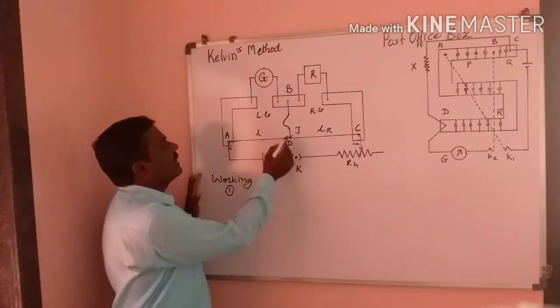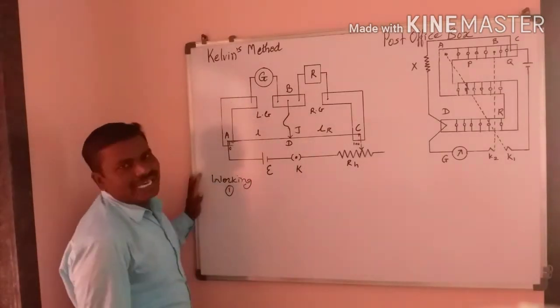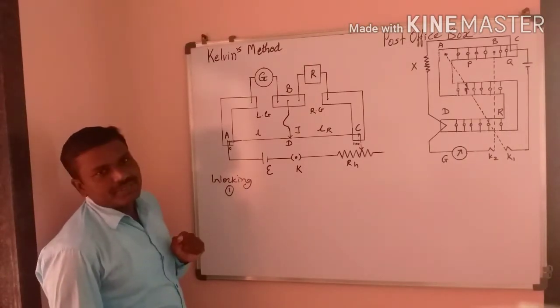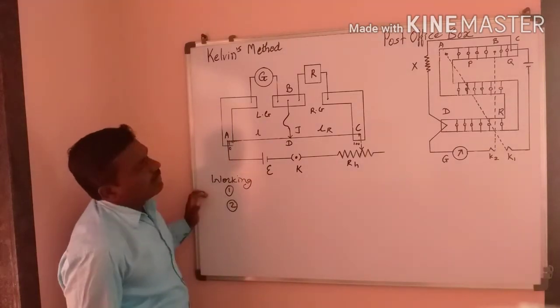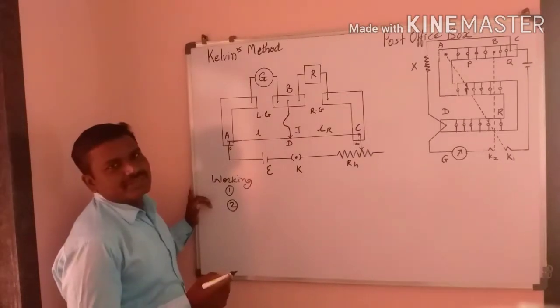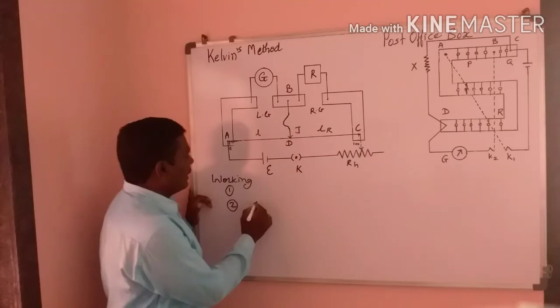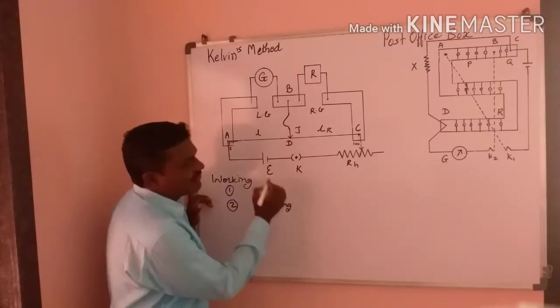Without touching the jockey here, we get a deflection in the galvanometer. This is the first point of the working. In the second point, we adjust the rheostat in such a way that the deflection is 2/3 of the range.